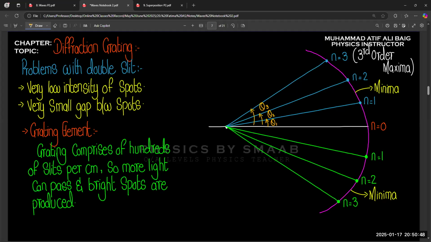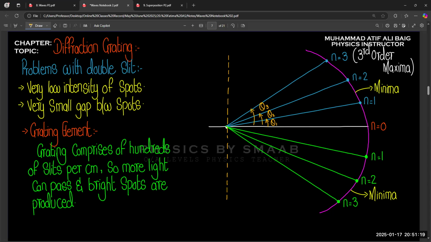So we always measure the angle from the center, just like in the Young double slit experiment, and on the other side also. The maximum possibility for the angle is 180 degrees. You can rotate this device through 180 degrees. Okay, so we will get a complete 180 degree rotation from right to left.